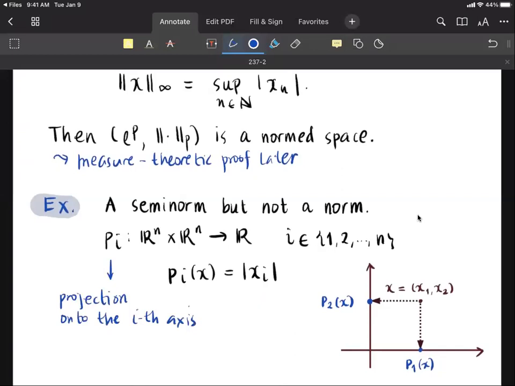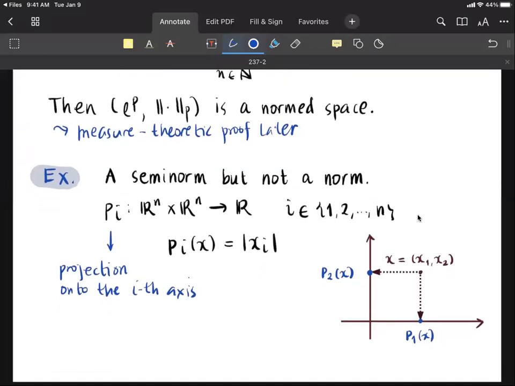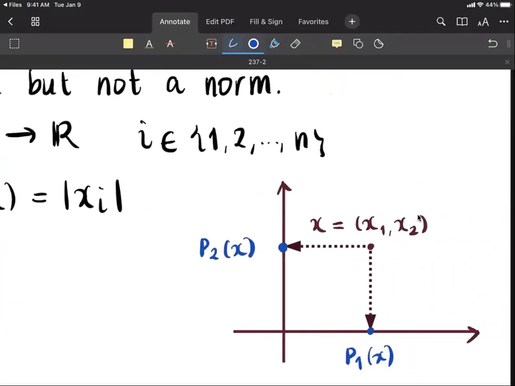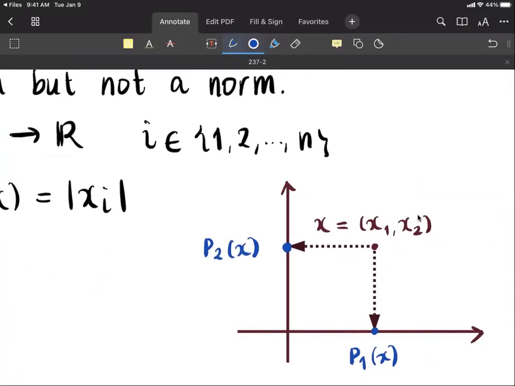So P sub I of x is equal to the absolute value or magnitude of the ith component. So here's an illustration of the case in the two-dimensional Euclidean space. If you have x having components x1 and x2, so P sub 1 would be the projection with respect to the x-axis.